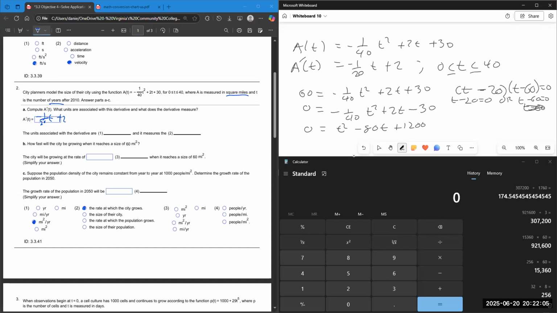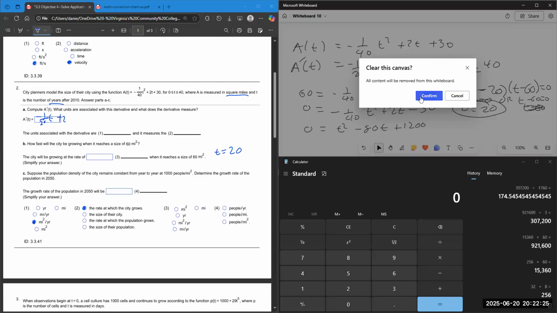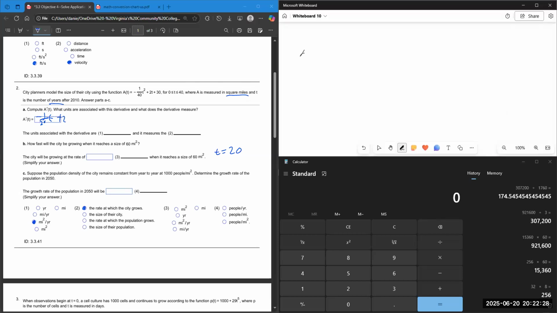T equals 60 is not within my domain. T equals 20 is. So now I want the rate at which it's growing. We want a prime of 20, which is -1/20 times 20 plus 2. That's -1 plus 2, which is 1. And that's 1 square mile per year.